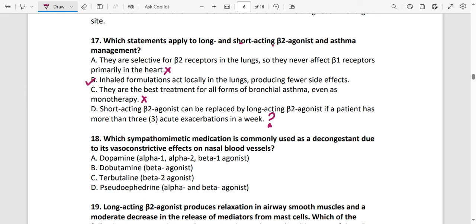Anyone that can help for this one? Anyone? Give it a try. It might be the correct one you are giving. Pseudoephedrine.